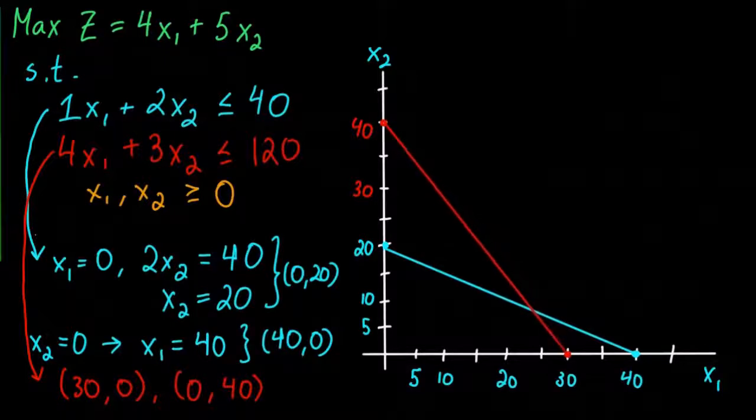This will be our second constraint. And lastly, we can plot our last constraints, the non-negativity constraints. These are just the axes themselves. So x1 and x2 greater than or equal to 0. So that just means that our answer has to lie within the first quadrant.